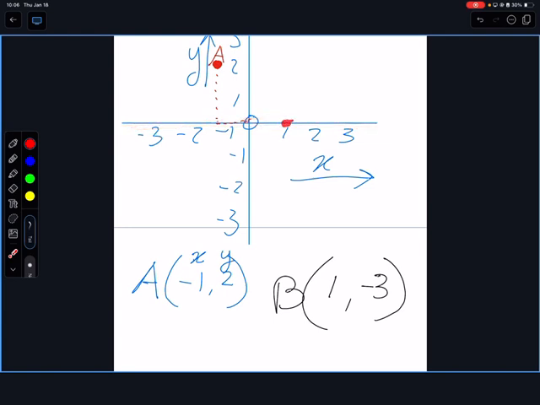And then you have to go to -3, which is downwards. So 1, 3, -3, sorry. So the coordinate of B is there, 1, -3.